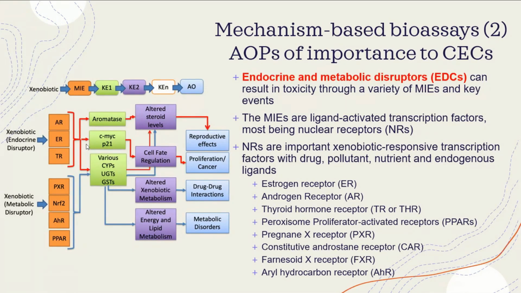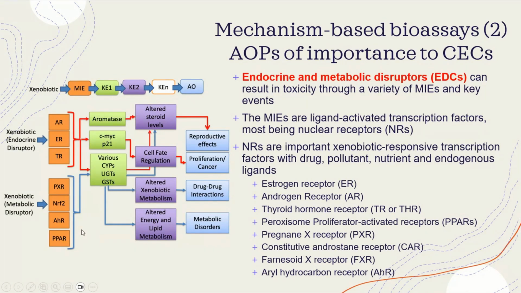There are a variety of these different endocrine-related molecular initiating events. And how these lead to a toxic response is by changing enzyme activity, transcription factor activity, and metabolism that together are altering steroid levels and how the cell responds to steroids, leading to things like reproductive deficits, and leads to the potential to increase risk of developing cancer.